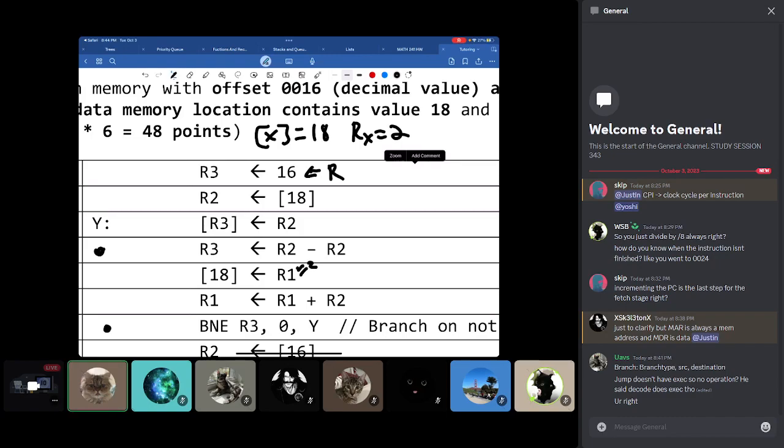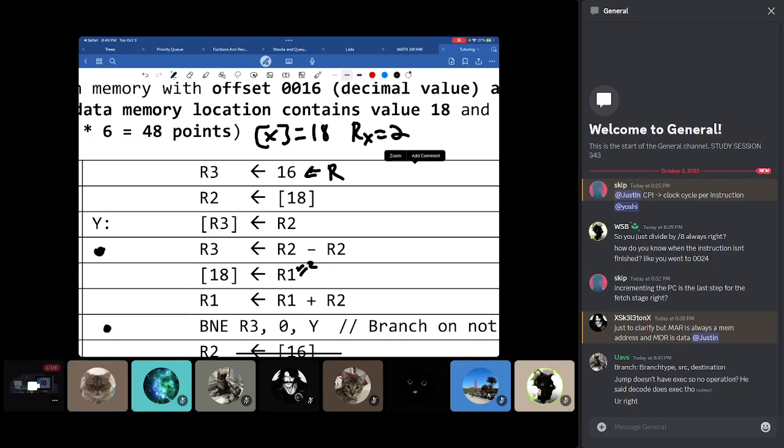The only thing we're doing here is fetch, decode, and write back, I think, right? I'm not sure. No, actually no. Fetch, decode, exec, write back, because it's an R type. We fetch the instruction, decode, and tell what the operands are.